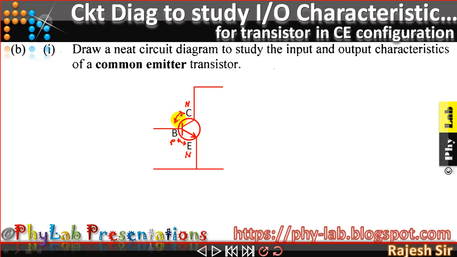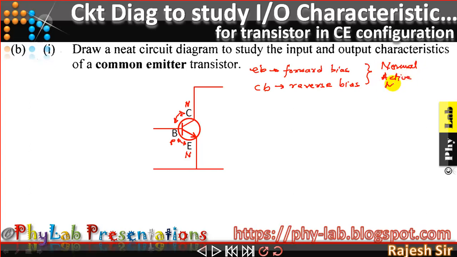So this is my EB junction. We need to bias it in the forward bias mode, whereas the CB junction must be biased in the reverse bias mode. Whenever you do this, our transistor is said to be biased in the normal active mode of biasing.